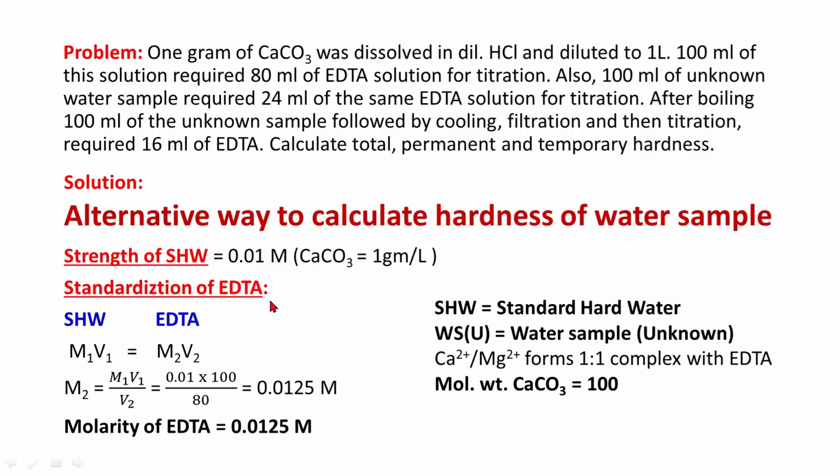Standardization of EDTA: standard hard water with EDTA, we can use the relationship M1V1 is equal to M2V2. Calcium and magnesium ions form a 1:1 complex with EDTA. From here we can find the molarity M2 of EDTA, which is found to be 0.0125 molar.